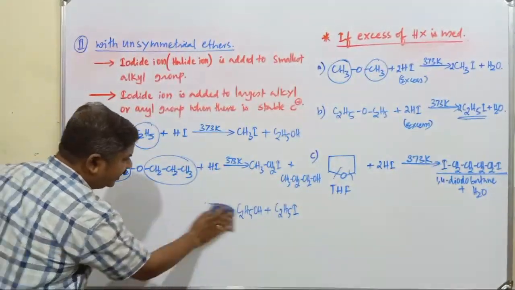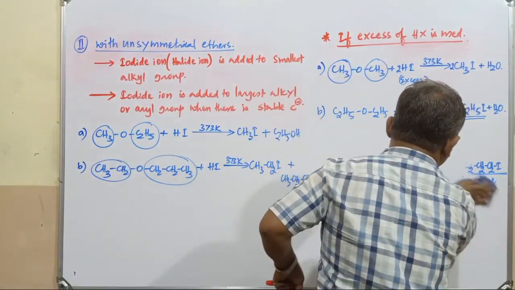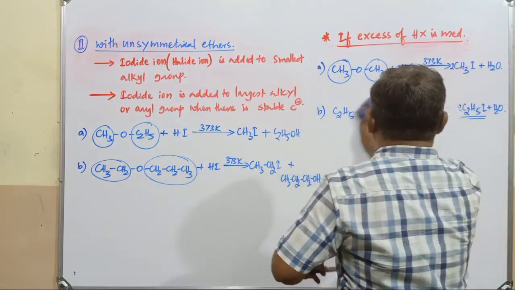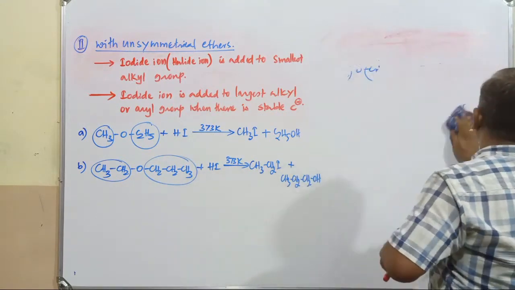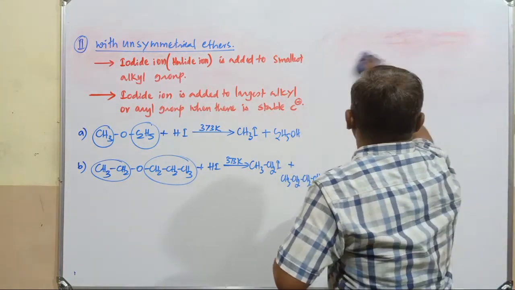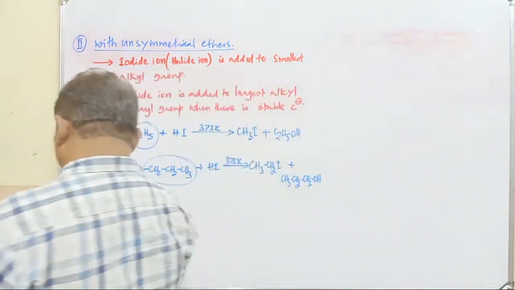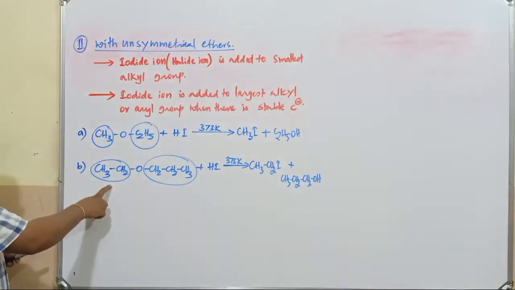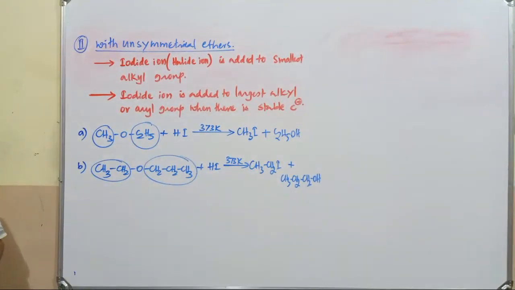That is very important in this reaction. Wherever the alkyl group is smaller, iodide adds to that alkyl group. This ethoxypropane gives ethyl iodide plus propyl alcohol.